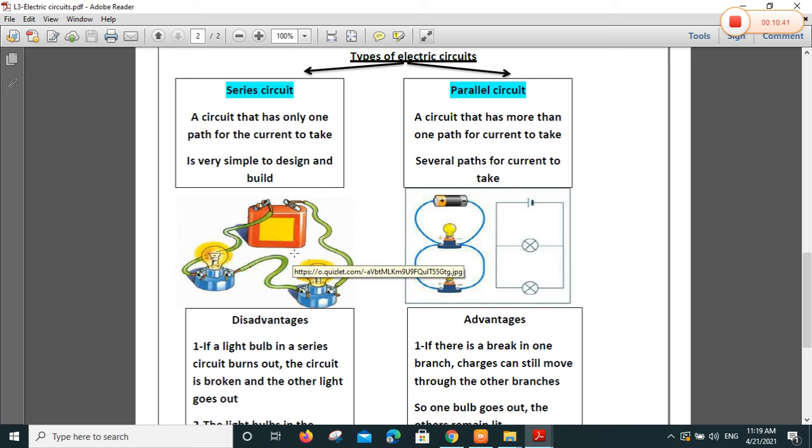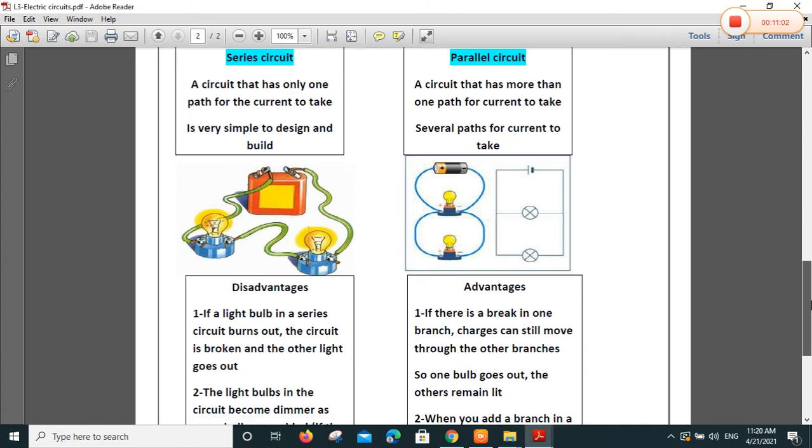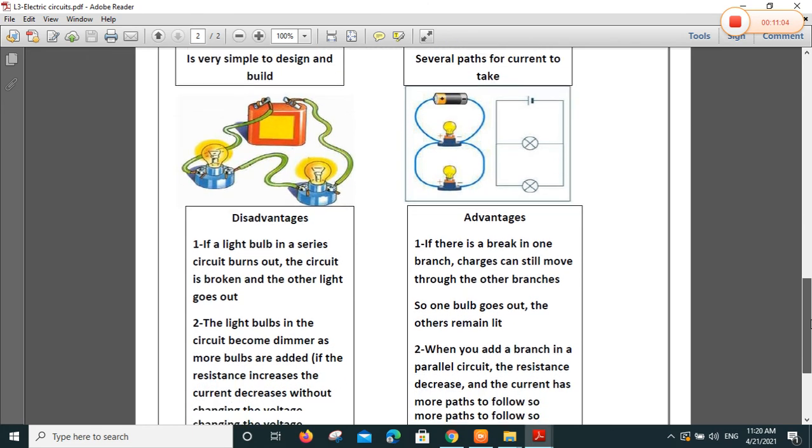Why? Because all are connected to each other. If you cut one, I will open the circuit, I will break the circuit, so there is no continuous flow of current. This is the disadvantage of a series circuit. It's simple to build a series circuit, but this is the main disadvantage.